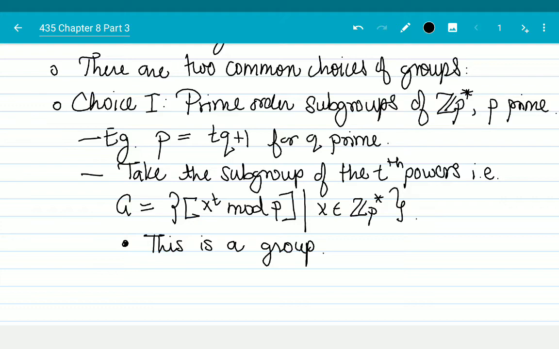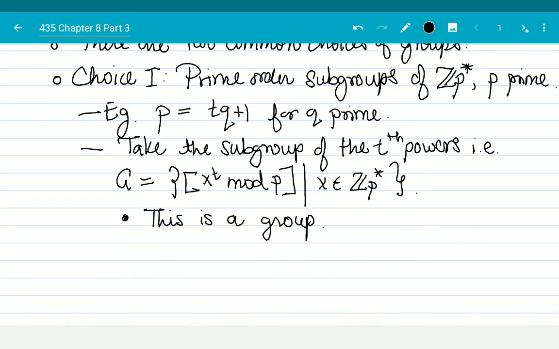Since we are dealing with cyclic groups, they're abelian. x to the t times y to the t is xy to the t. So it's easy to see that this is a group. But also the identity is there because 1 to the t is just 1.